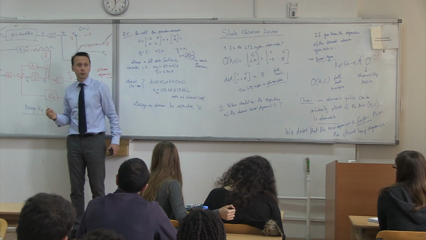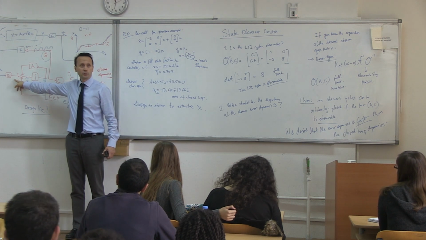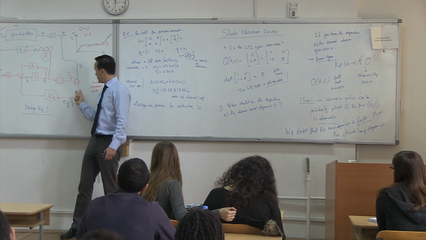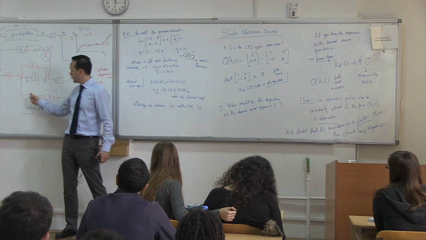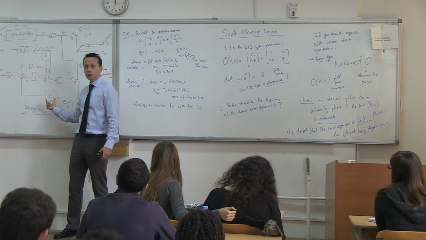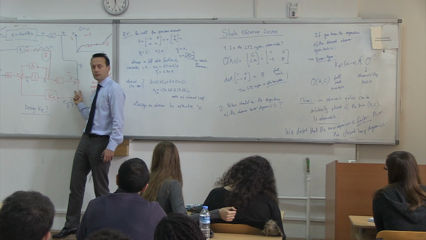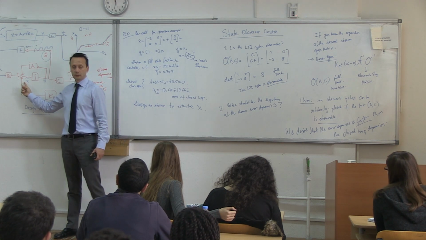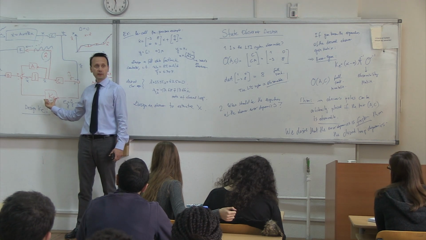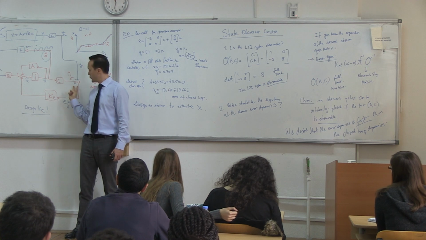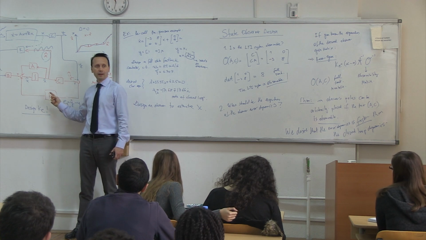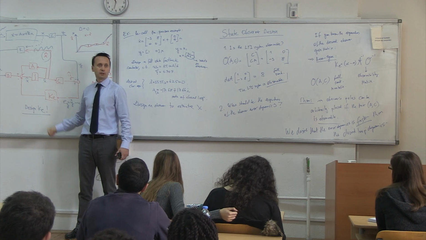And how many controls do I have? 1 control. So 2 coming from here, 1 signal coming from here. With 2 outputs and 1 input, this should be a vector.